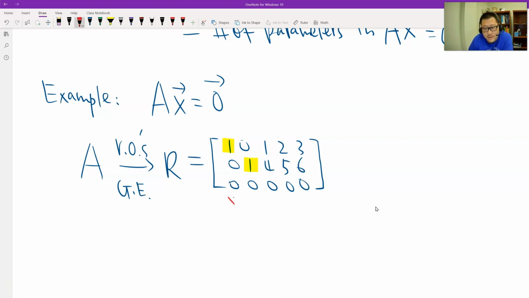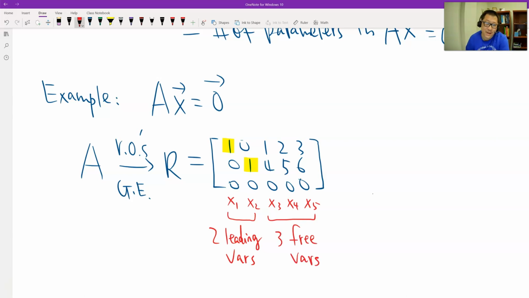So if these are x1, x2, x3, x4, and x5, we see these two leading variables, right? And the other 3 are free variables. So we have 3 free variables.